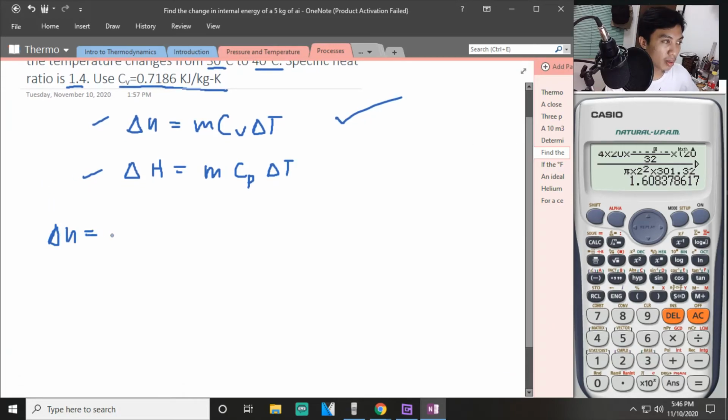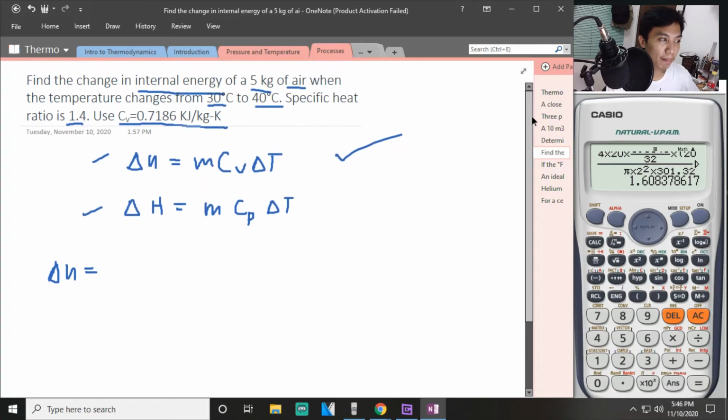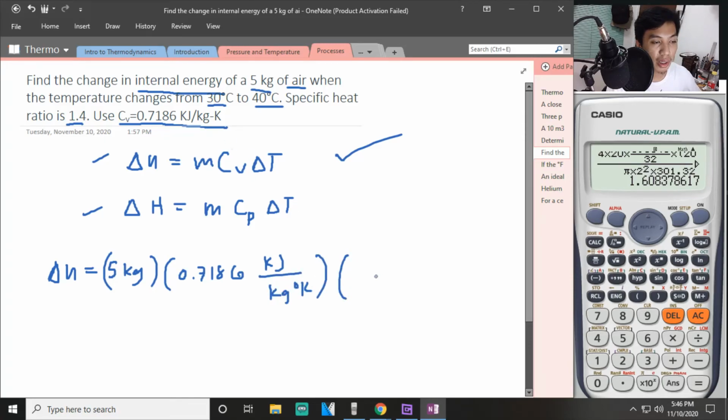Okay, kahit hindi hinahanap dyan yung delta H, hanapin natin. So, delta U is equal to m. Ano ba yung m dito binigay? M is 5 kilograms. Yung CV, that is 0.7186 kilojoule per kilogram degree Kelvin. Tapos delta T, 40 minus 30. Kapag change in temperature, degree Kelvin na agad yan.